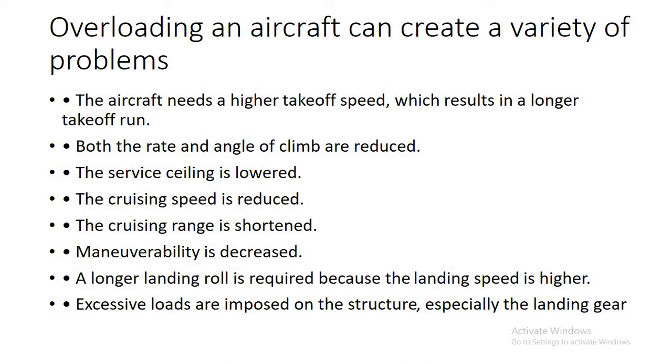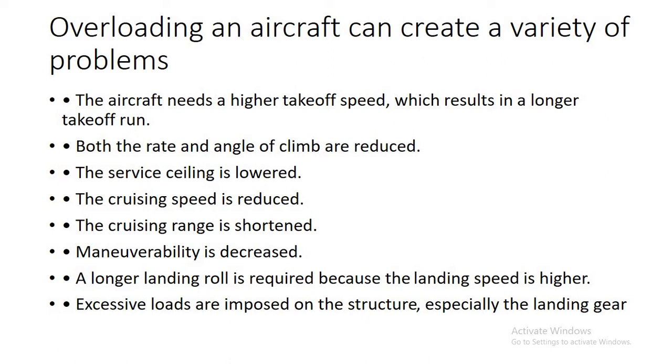Then your cruising speed will be reduced. Cruising speed, the speed at which we cruise the aircraft. It is similar to whenever you are running on motorcycle. When you are just riding a single passenger means you can actually ride at a good speed. But if you are taking another pillion passenger, then you know that the speed will reduce.